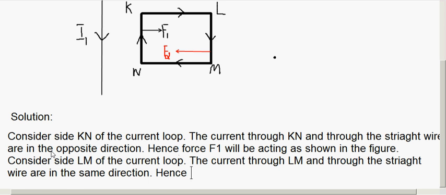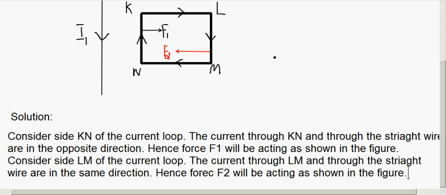Hence force F2 will be acting as shown in the figure. Because if currents are in the same direction, the force is attractive in nature, so the force will be acting towards the conductor.